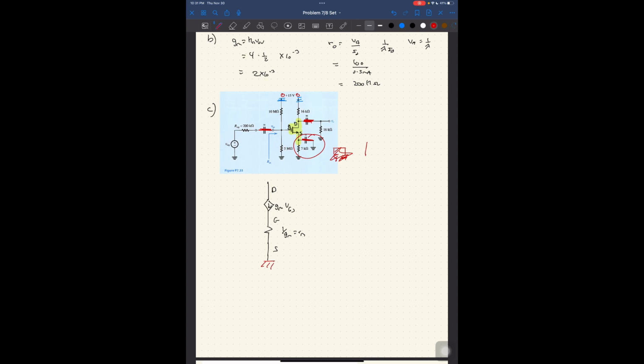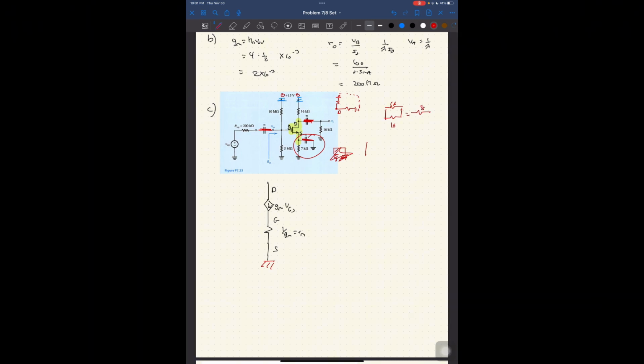And the drain. The drain has 2 resistors. So this is D. And they are both connected to the ground, no? So I could kind of continue this and I can tell you that this is 2 resistors in parallel, both of which have a value of 16 and 16, implying that the final resistor is going to be 8, right?